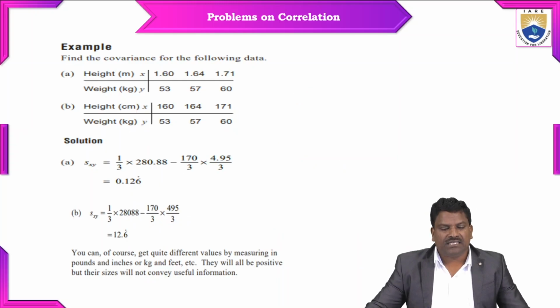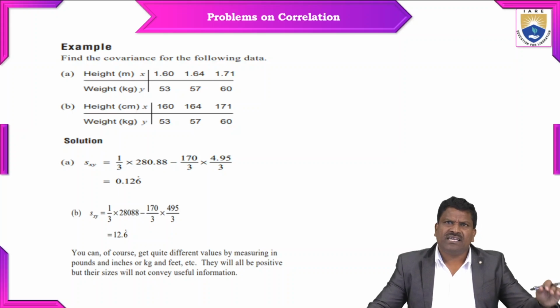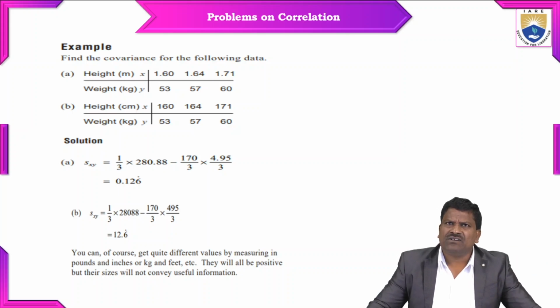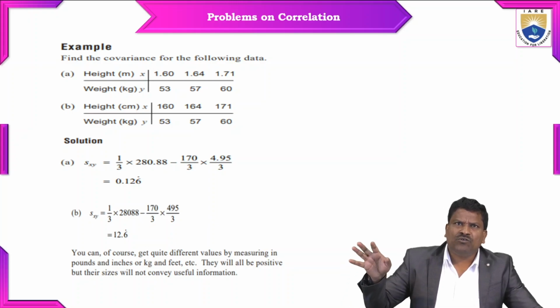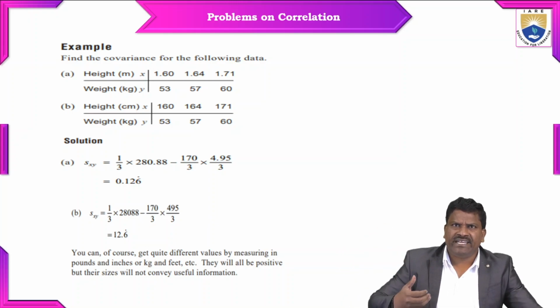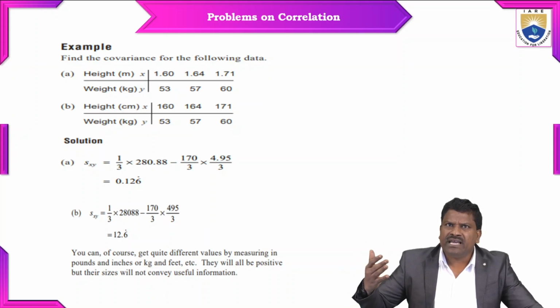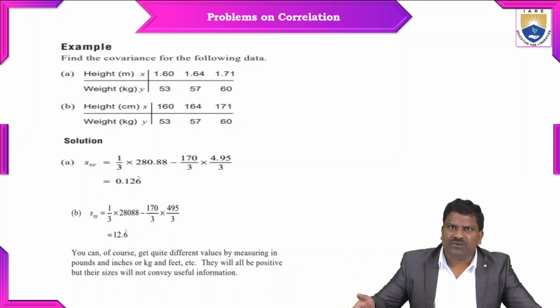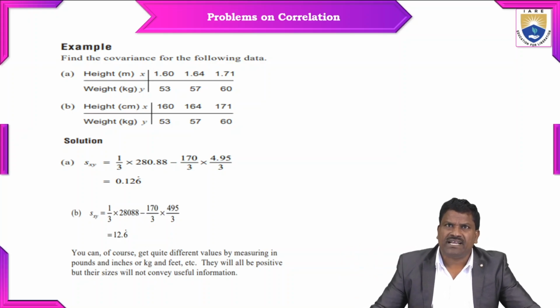Now for that, let us see one example. They are asking to find covariance for this data. Here 2 measurements are given, height and weight. Height is given in meters, 1.60 meters, 1.64 meters, 1.71 meters. That means 160 centimeters, 164 centimeters, 171 centimeters, like that. And their weight is also given in kg, 53 kg, 57 kg, 60 kg, like that.